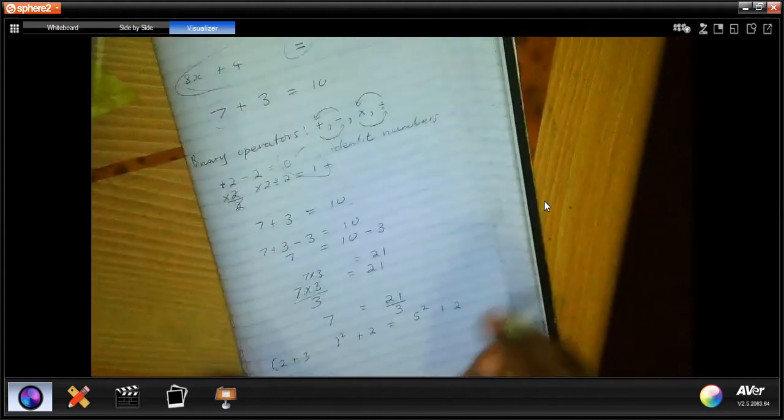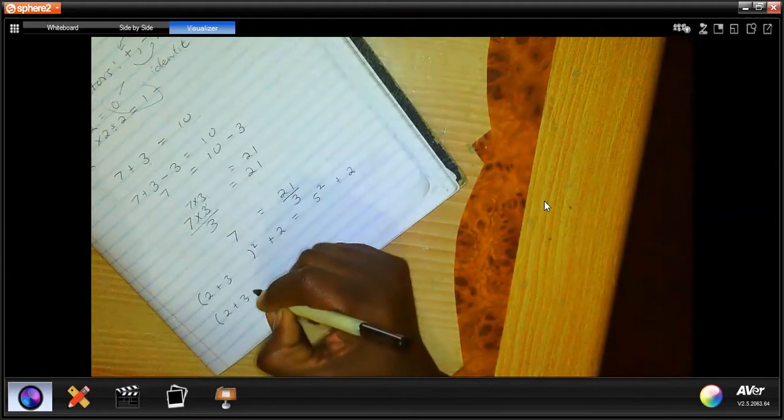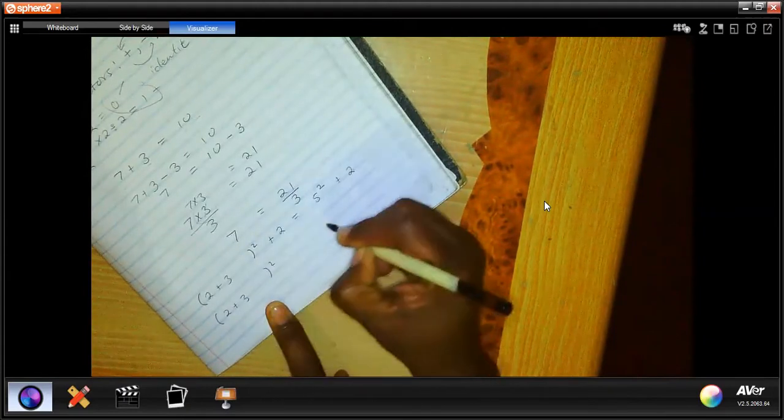But if you're given this kind of question and you say, no, I just want to add a 2 here, this is not allowed. This is not the left-hand side. This whole thing is the left-hand side. So you add on the whole side, not on a portion of the side.